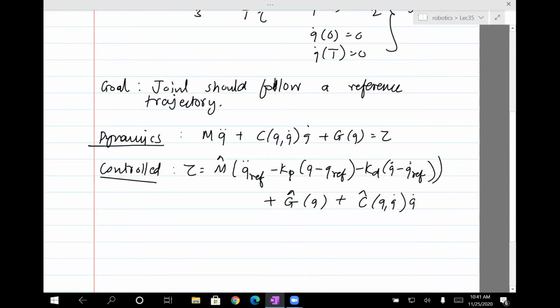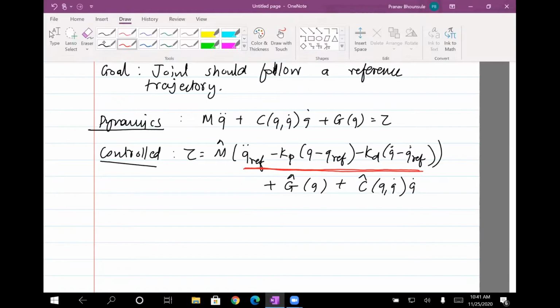Okay, so the only change is right here. We actually specified the accelerations and so on.